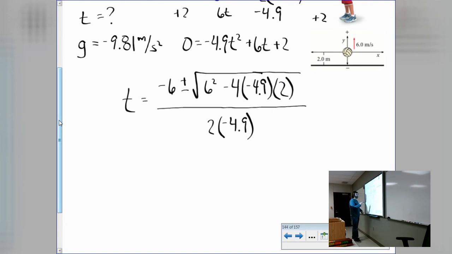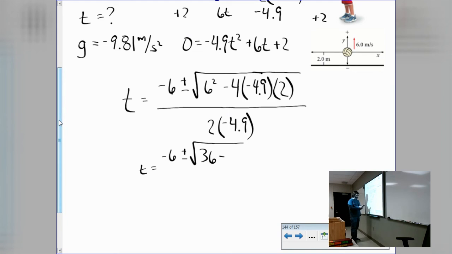So t equals negative 6, I can't do anything with that, plus or minus the square root of 6 squared. 6 times 6 is 36. Minus 4 times negative 4.9 times 2. 4.9 times 2 is 9.8.